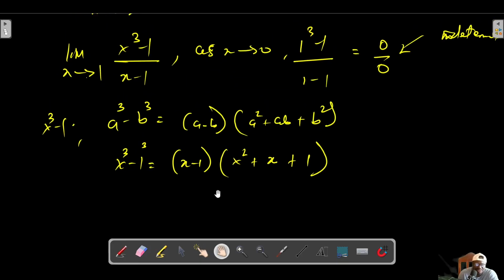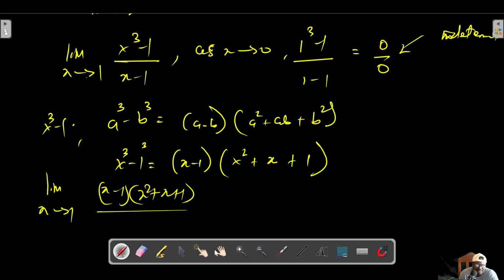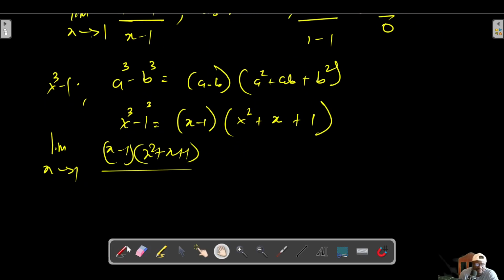We substitute this into this. So the limit as x approaches 1, x minus 1, x squared plus x plus 1, all on x minus 1. This cancels out this.